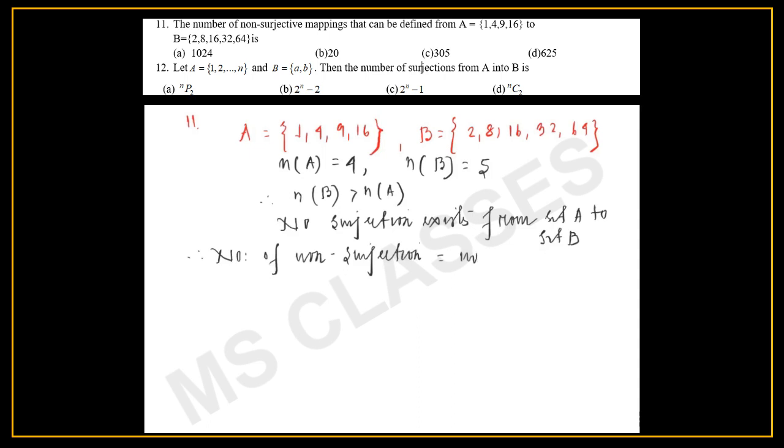The number of functions. Because basically, the number of onto or surjections is 0. So it is the number of functions only. So what is the number of functions here? The number of elements in the codomain to the power of the number of elements in the domain. So that is 625.